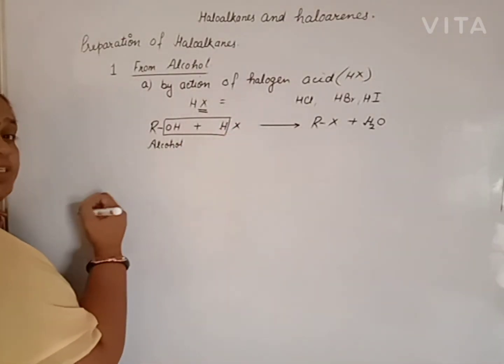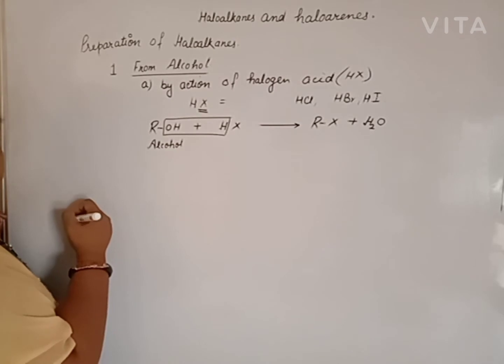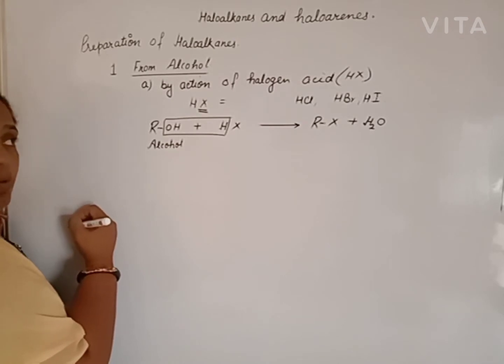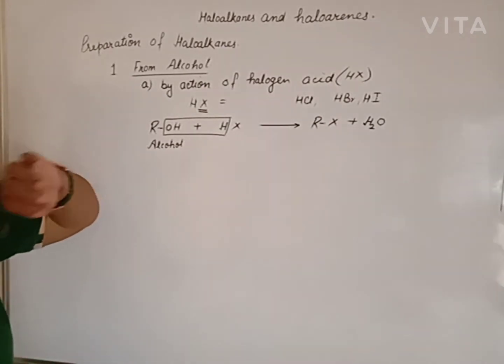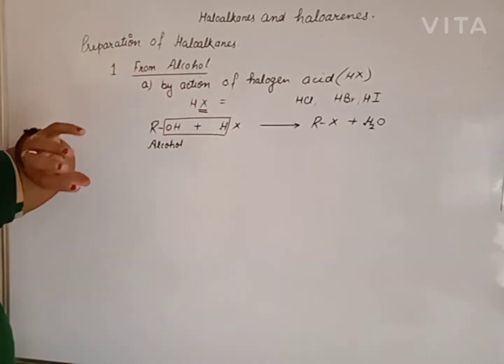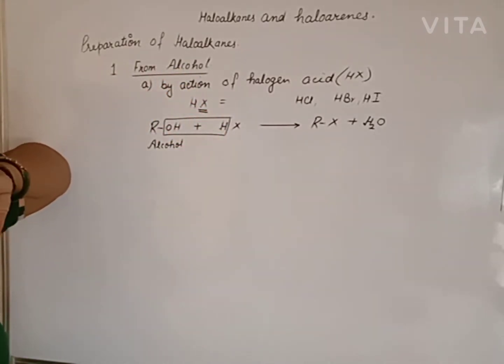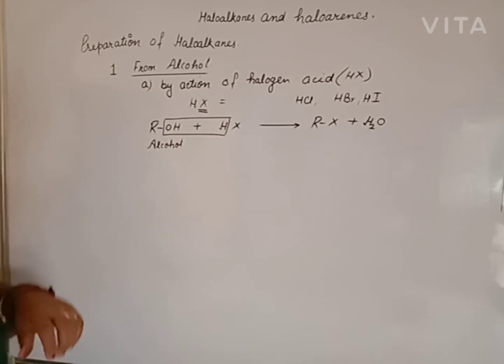What is the reactivity? How will you identify HCl, HBr and HI? Are all of the same reactivity, or which one is more reactive? We identify this by a test known as the Lucas test.